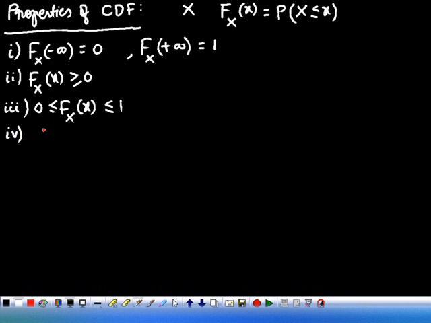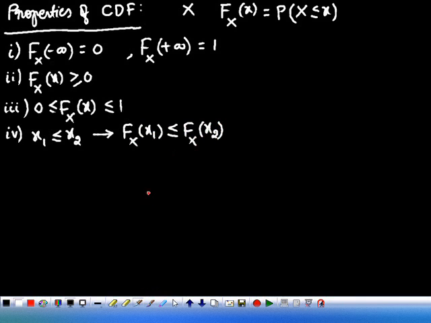And then, if x1 is less than or equal to x2, then you can write Fx of x1 is less than or equal to Fx of x2.